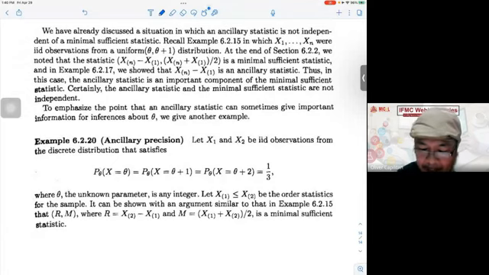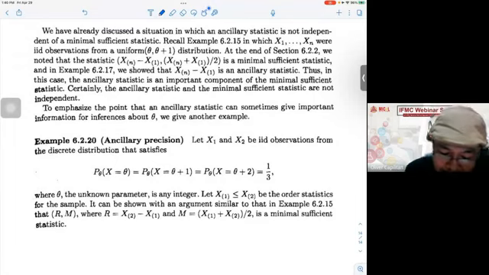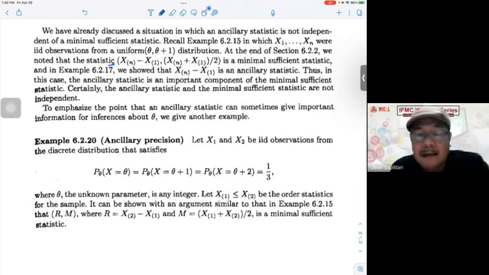And then at the end of section 6.2.2, we noted that this statistic, comprising the range and the mid-range, is a minimal sufficient statistic, as in example 6.2.7.